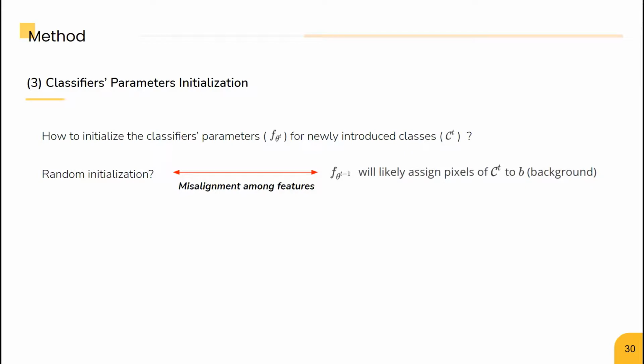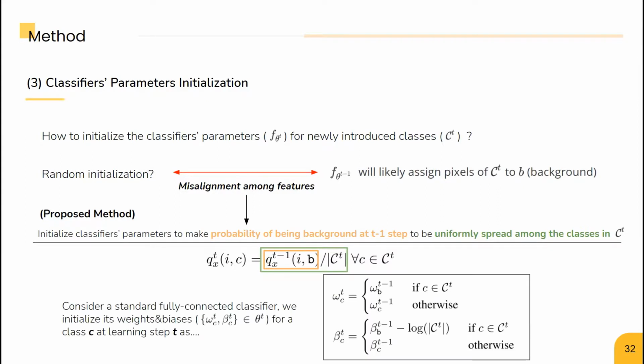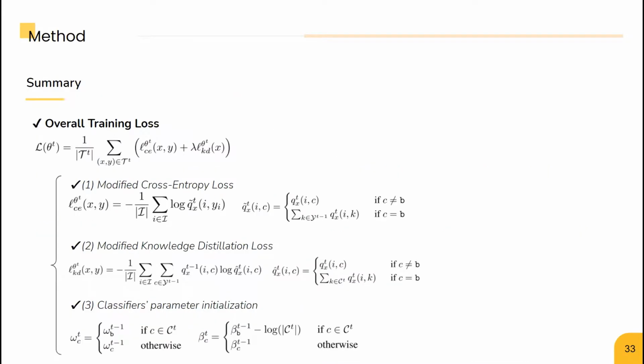This can introduce instability to the training process, so the authors propose to initialize the parameters to make the probability of being background at step t-1 uniformly spread among the newly introduced classes as shown here. And this can be simply achieved by initializing the weights and biases of fully connected classifiers like this. So this is a summary of the overall method.